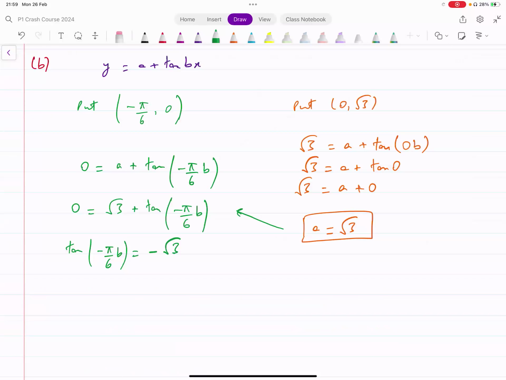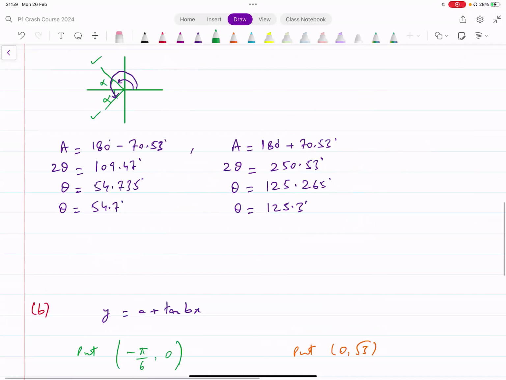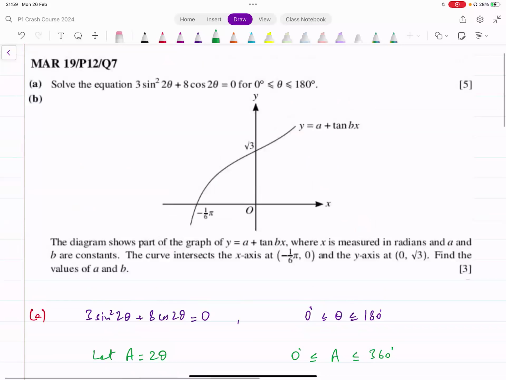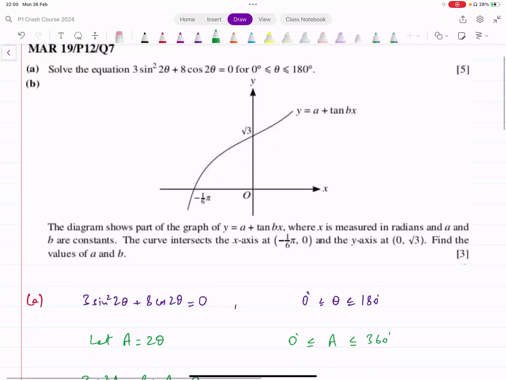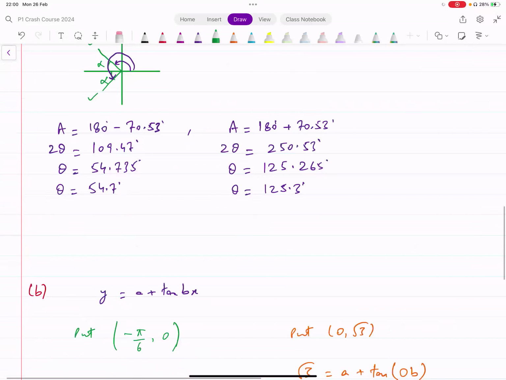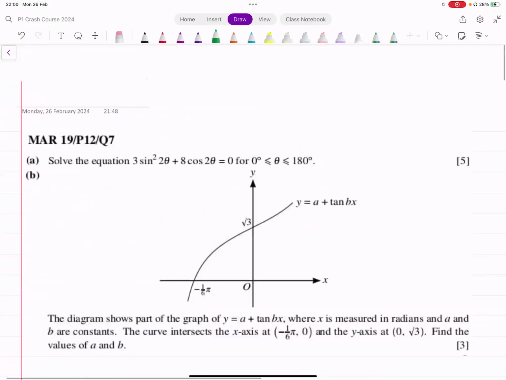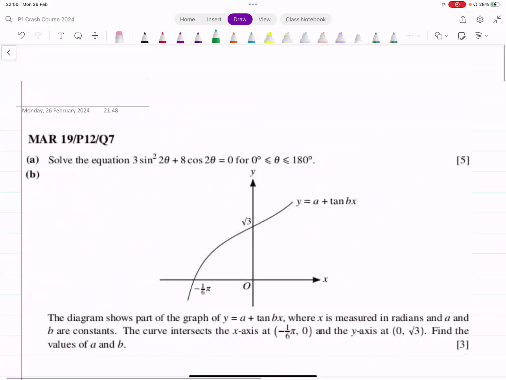But I'm just thinking of maybe a quicker way of doing this somehow. So if you think about the number of cycles, but it's not clear how many cycles we have here or what the period is looking at the graph. So yeah, we'll just have to solve this.